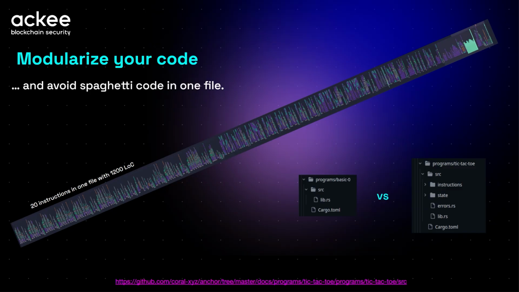The first tip I have for you is modularize your code. So far, during the school, most of our projects were only in one file, the lib.rs file, but this is not actually the best approach. It might be suitable for very small programs, but in most cases you don't want to have such big spaghetti code.